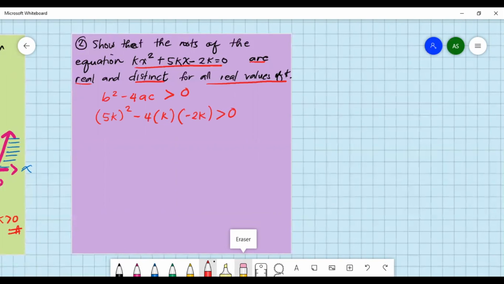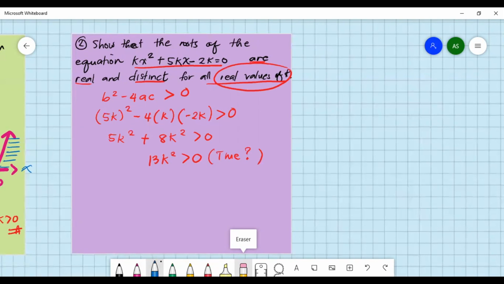Will it be greater than 0? Let us check. That will give us 5k squared, plus 8k squared, is greater than 0. So that will give us 13k squared is greater than 0. Now the question is, for all values of k, will this be true? Ask yourself, is this true all the time for all values of k?